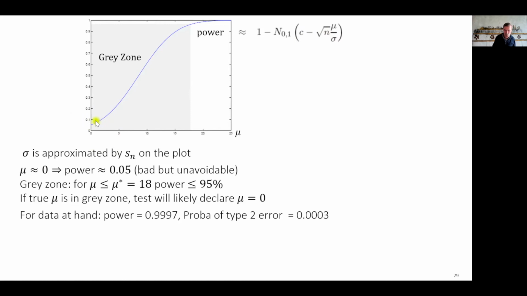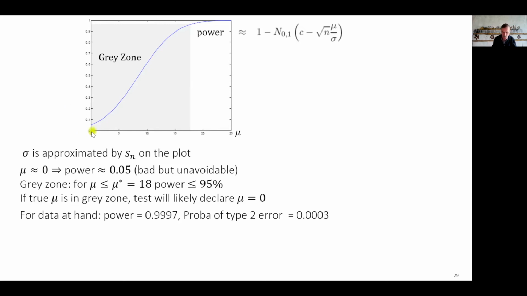So the bad news is that it's impossible to have a power that will always be 95%, for example, with this nested model. If we want to test whether mu is equal to 0 versus mu is not equal to 0, we have a continuous parameter mu, and it's impossible to have both probabilities of errors very small here.